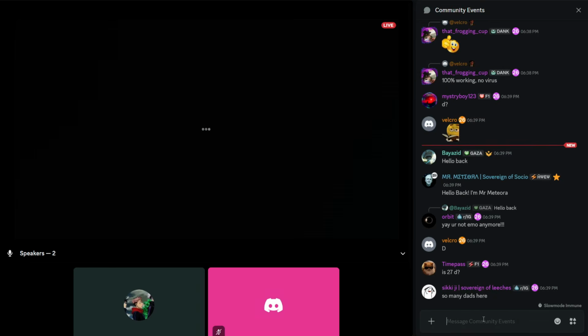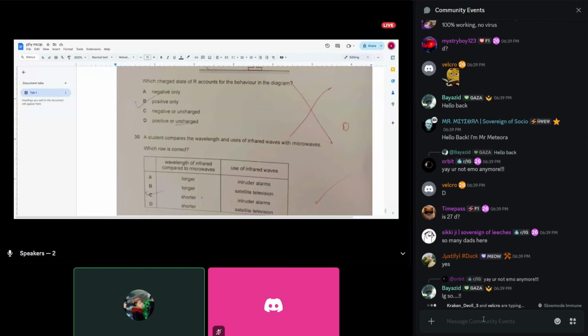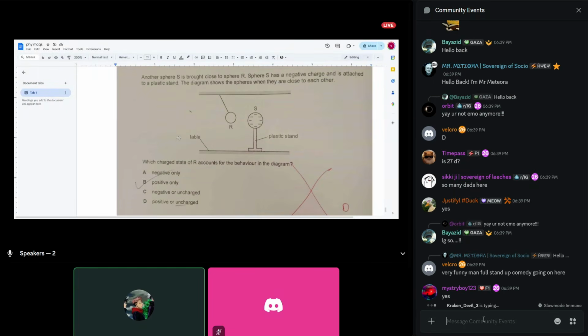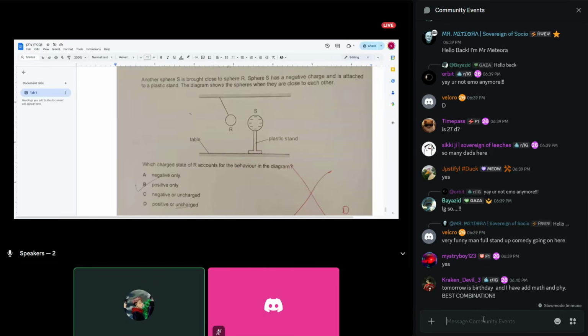Is this visible? Right. Yeah, 29th. Which charge state of R is consistent with the behavior in question? Yeah, this is uncharged. What's going to happen is that the positive charges in the sphere are going to move to the right.